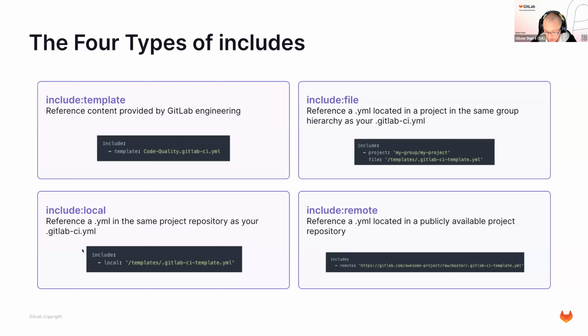So this is the include file, where you target a project and a file, or you can target a file inside your own project directly. This is the include local. And then the last one is to include a remote template, something that is shared publicly. You can target our own templates using this include remote, but it's way easier to use the include template. But anything that is public can be accessed with the include remote, as long as you are targeting the YAML file.